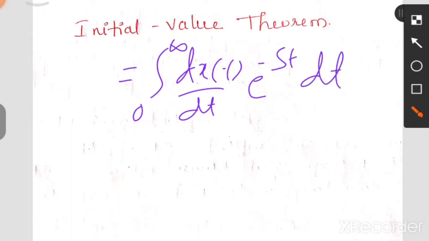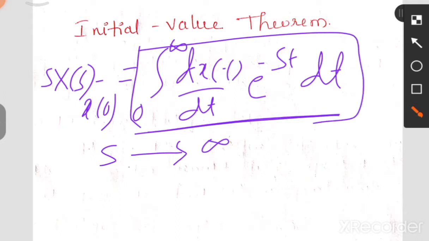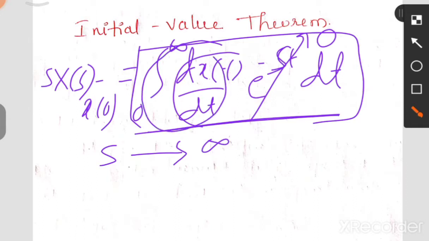Now, we equate both sides, that is, s into X of s minus x of 0 will be equal to the integral from 0 to infinity of dx of t by dt into e raised to minus st dt. In the right hand side, if we let s equal infinity, then e raised to minus st goes to 0. When this term goes to 0, the entire term comes to 0.